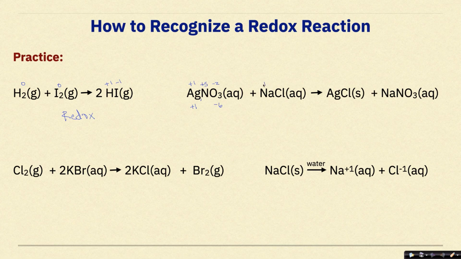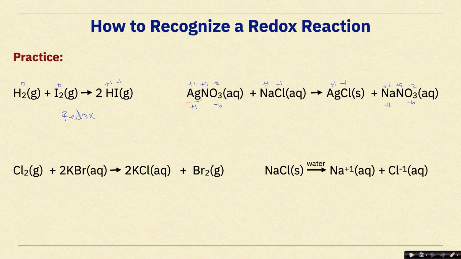NaCl. Na is +1. Cl is -1. AgCl. Ag is +1. Cl is -1. NaNO3. Na is +1. Oxygen is -2. -2 times 3 gives me -6. Bring the +1 down. That means the nitrogen has to be +5. When we look at this situation, we notice that as we go through the elements from reactants to products, they don't change.